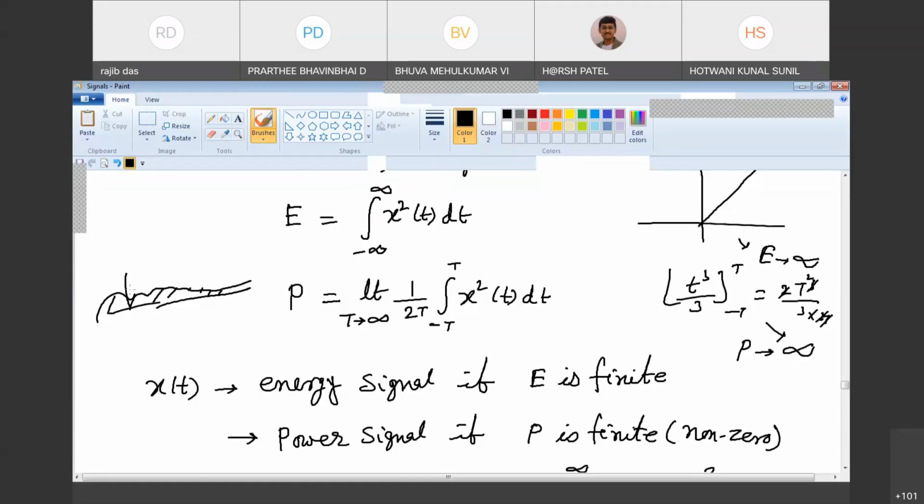But if the value is going towards 0, then it can be an energy signal. So at t equal to infinity, if the signal has some value other than 0, it cannot be an energy signal. Am I correct? Okay. So we'll be discussing more in the next class.